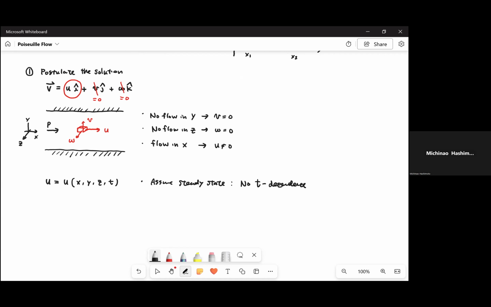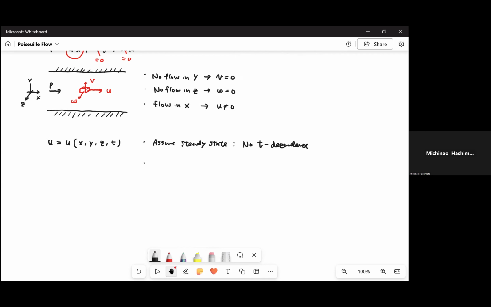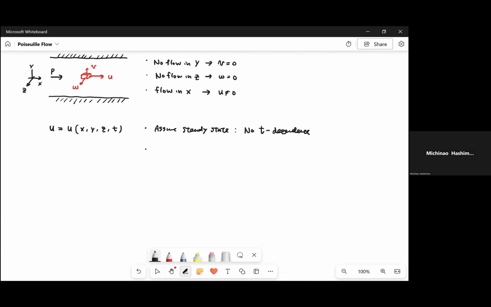Alternatively, if you look at the different z locations, consider this particular fluid particle. Assume steady state, no t dependence.